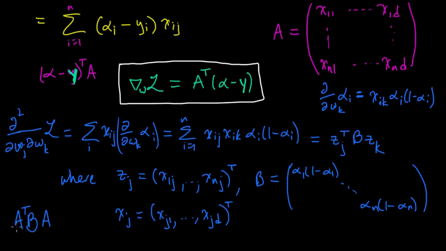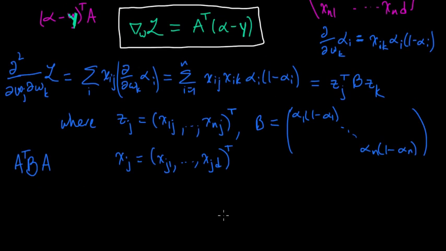So the jkth entry of this will pick off the jth row in A transpose, and then it multiplies times B, so the jkth entry would be the jth column of I times B, that's this, times the kth column of I. And so we just get back exactly this thing for the jkth entry.